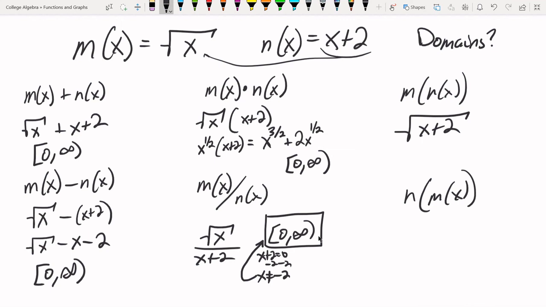You can also just check where 0 is on the inside. That's when x equals -2. When you plug -2 in there, you get -2 plus 2 is 0, and the square root of 0 is 0. Anything to the left of -2, for instance -3, gives -3 plus 2 is -1, and the square root of -1 is i. So we have a complex number, so we must exclude that from the domain.